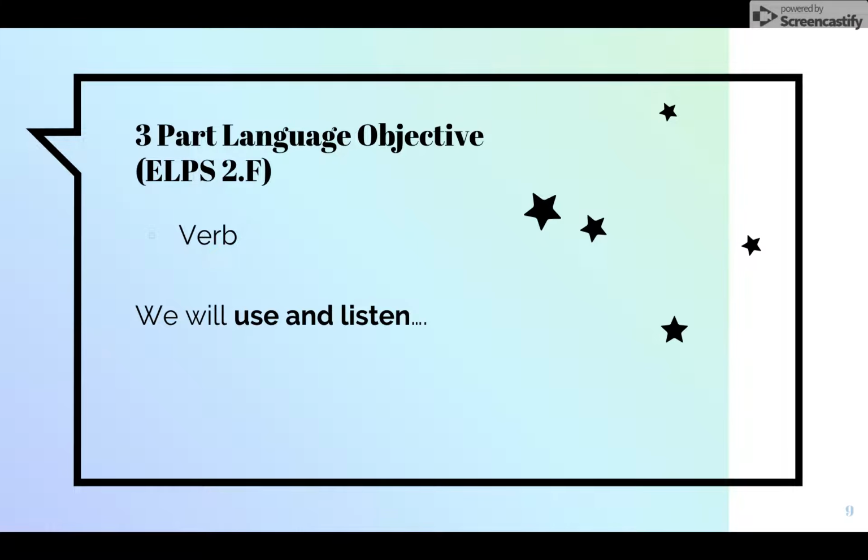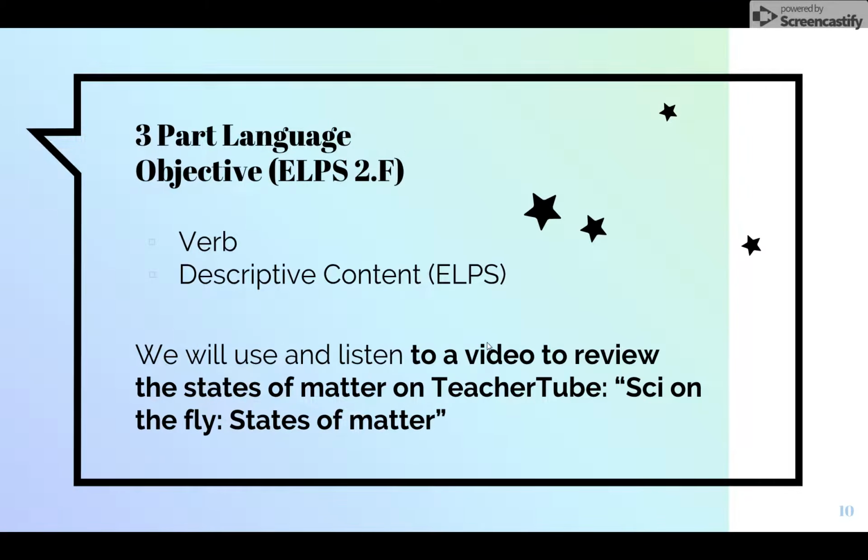The first part of the language objective is the verb, which is use and listen. The second part is the descriptive content, which should be aligned to the ELPS. Here, it is a video to review the states of matter. And I'll be using TeacherTube SciOnTheFly States of Matter.